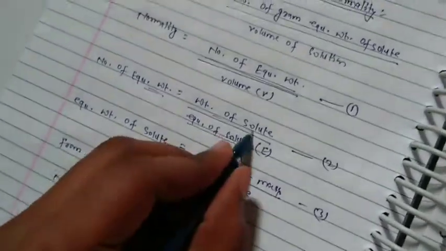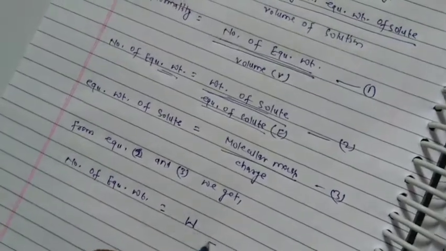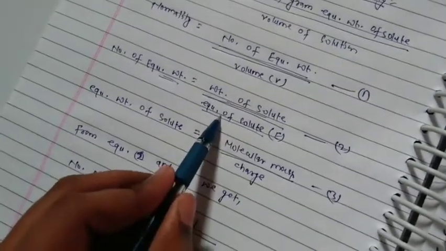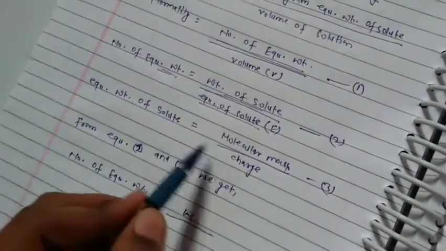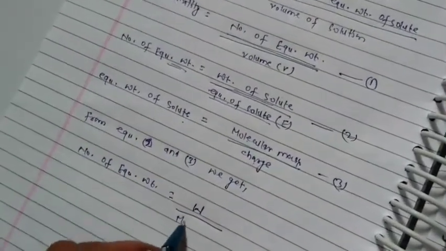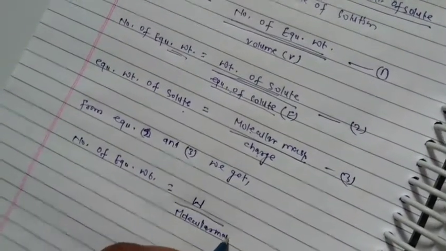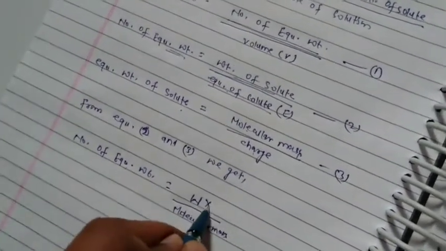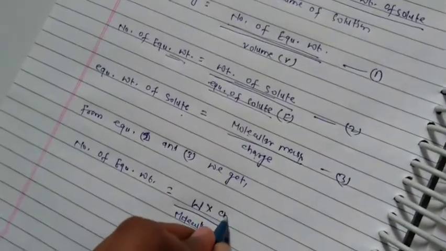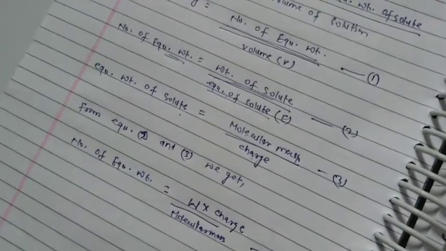So weight of solute, that can be written W, divided by equivalent weight of solute, that can be written as molecular mass by charge. So molecular mass divided by charge, in the upper side in multiplication charge. This can be equation 4.